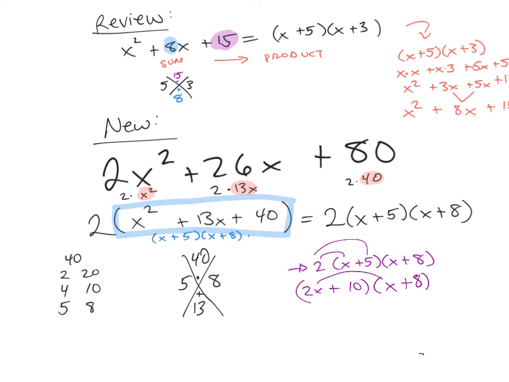So now I'm going to have to multiply 2x times x, and then 2x times 8, 10 times x, 10 times 8. And now I'll clean it up, and I get 2x squared at the front, plus 16x, plus 10x, plus 80.